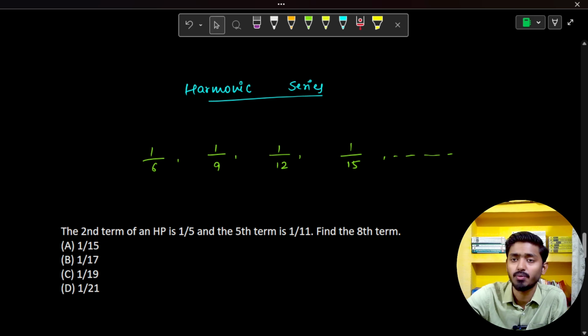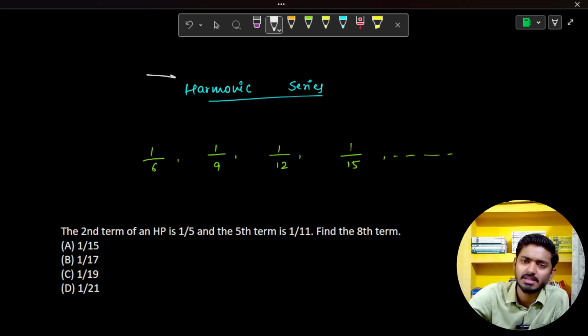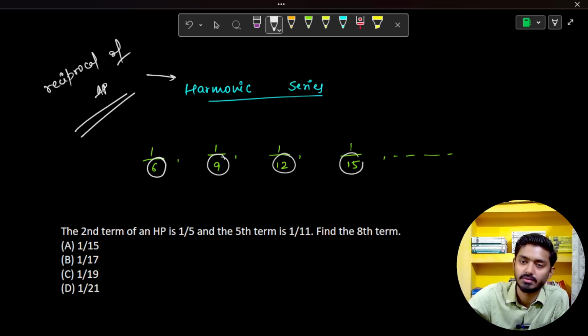Okay, now we are moving into harmonic series. What is a harmonic series? In very simple terms, it is the reciprocal of an AP, which is arithmetic progression. If you observe, 6, 9, 12, 15 are all in arithmetic progression.